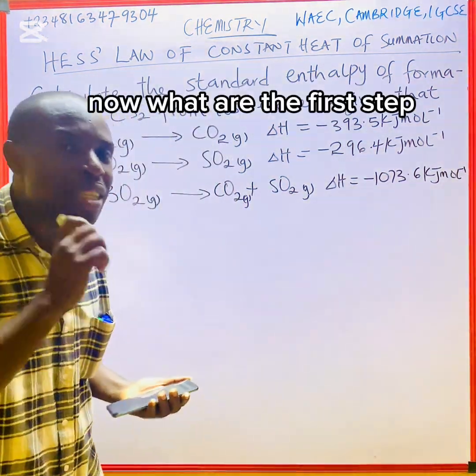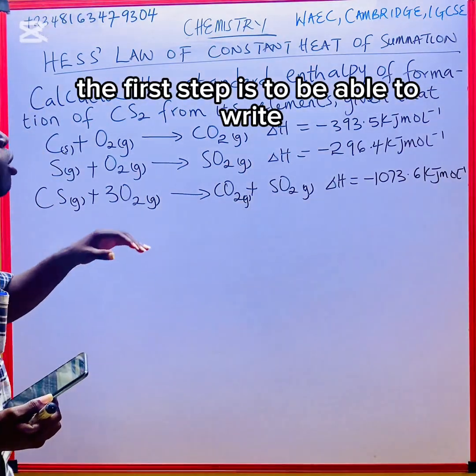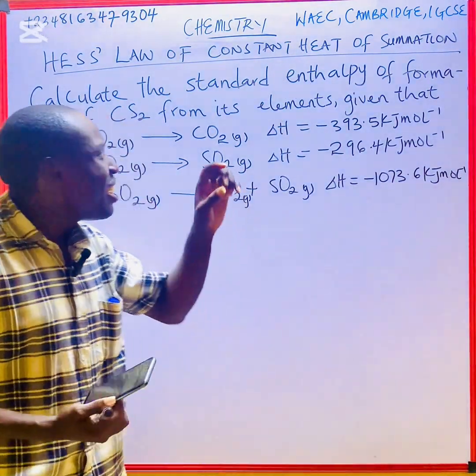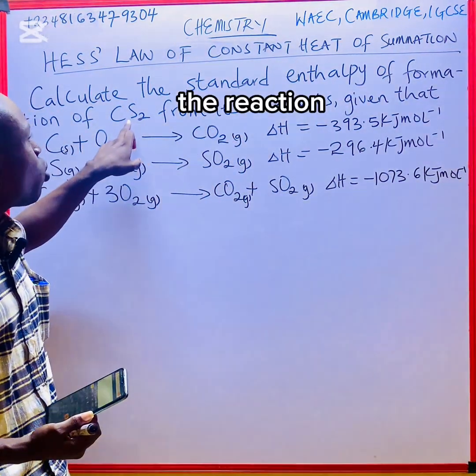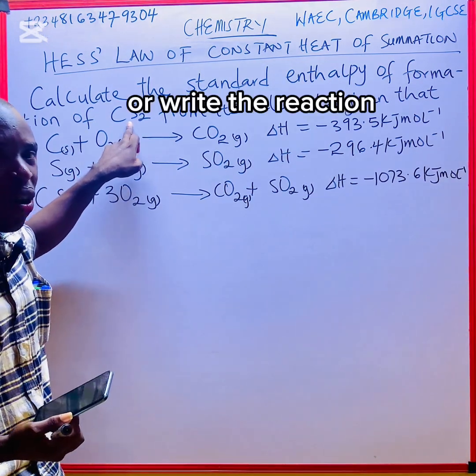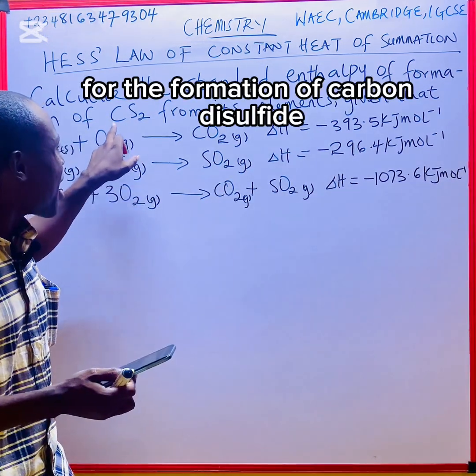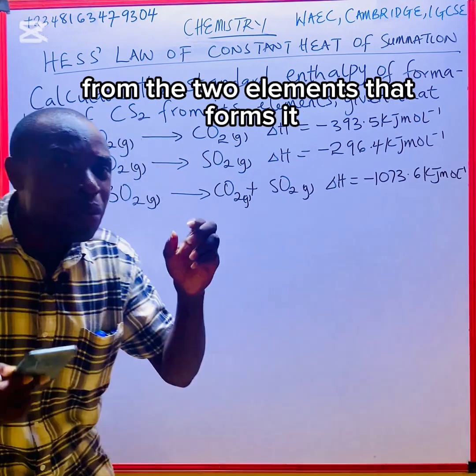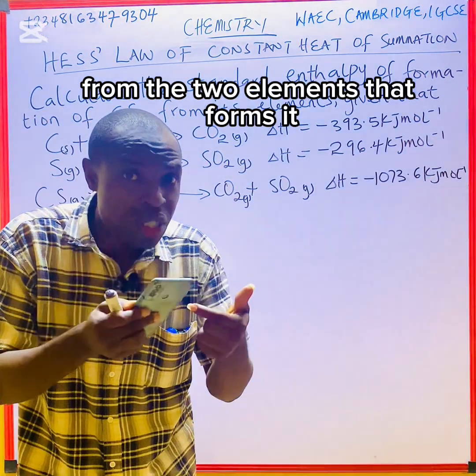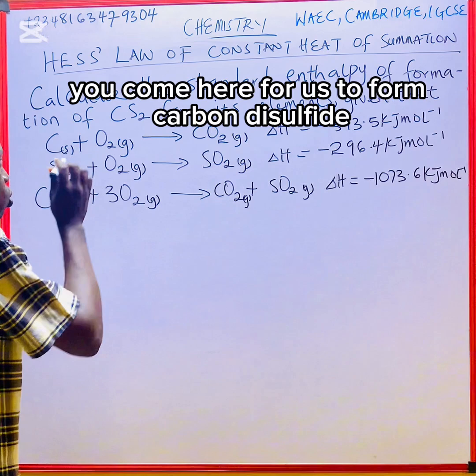Now, what is the first step? The first step is to write the reaction for the formation of carbon disulfide from the two elements that form it. Step one, you come here.